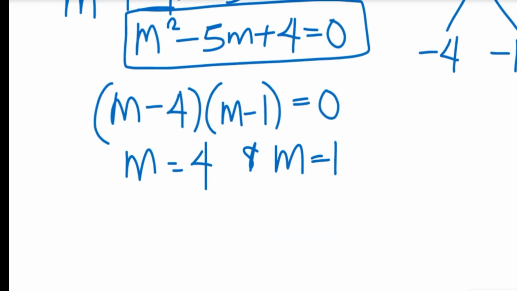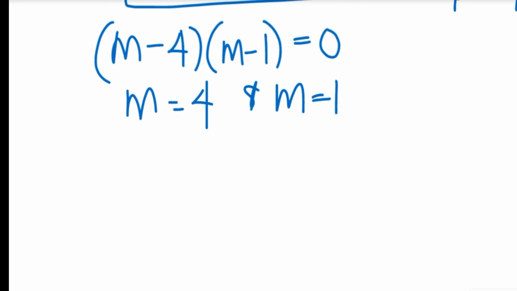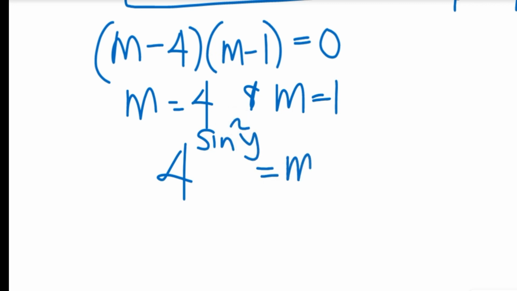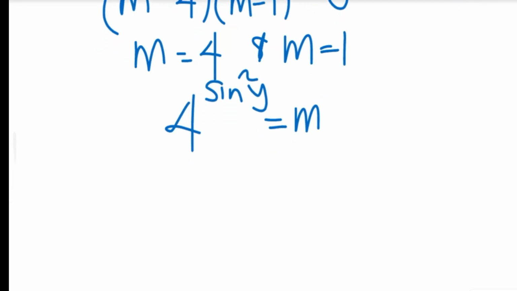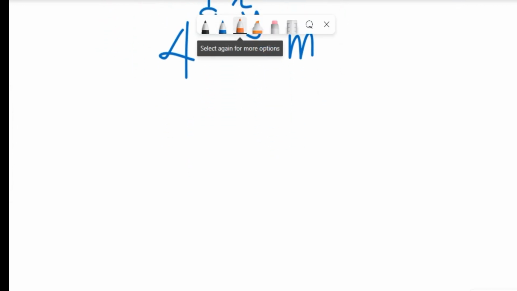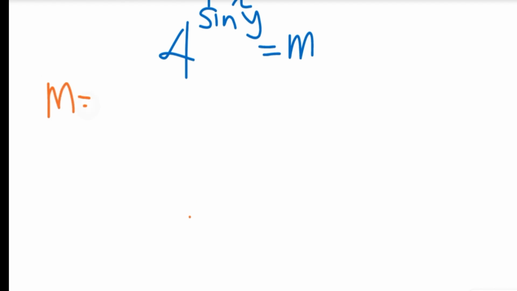Now recall that we said earlier that 4 to the power of sine square y is equal to m. So we're going to find the value of m from that expression. Remember we have two factors. Let's take the first value, m equal to 4. We are going to find the value of y because the question says we should find the value of y.